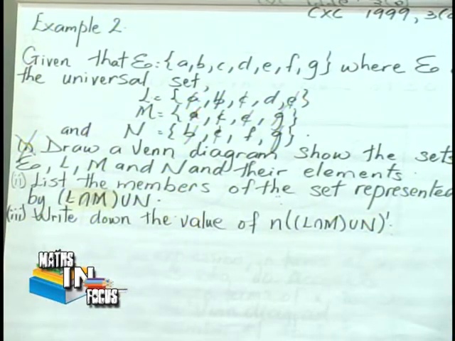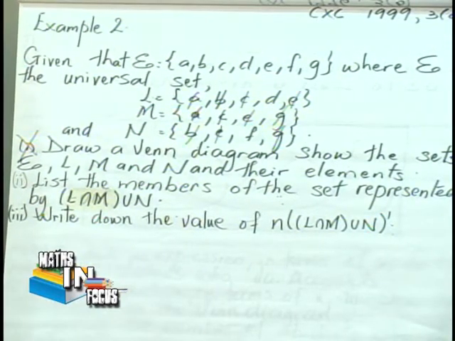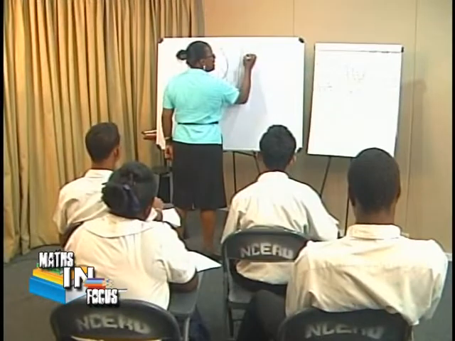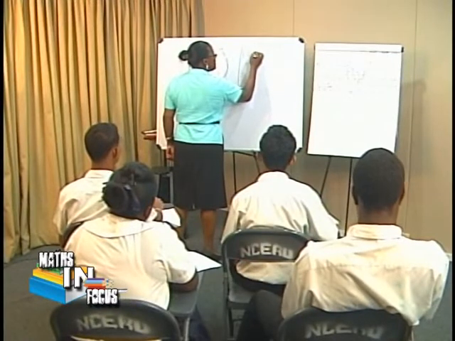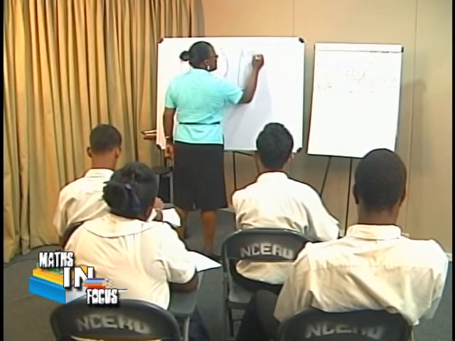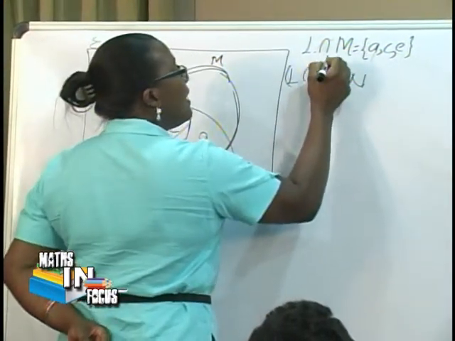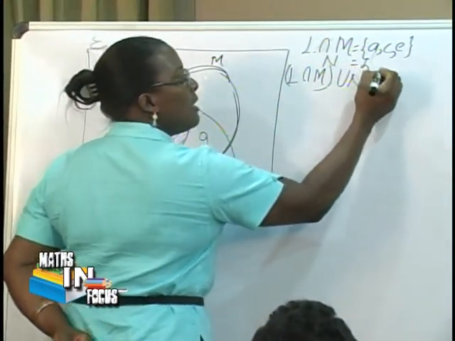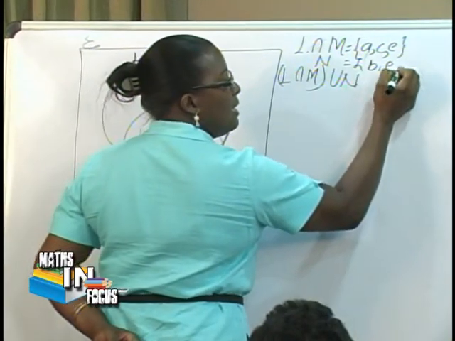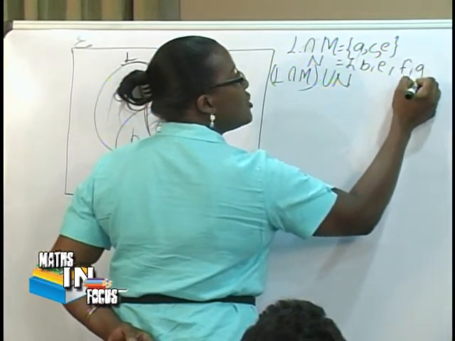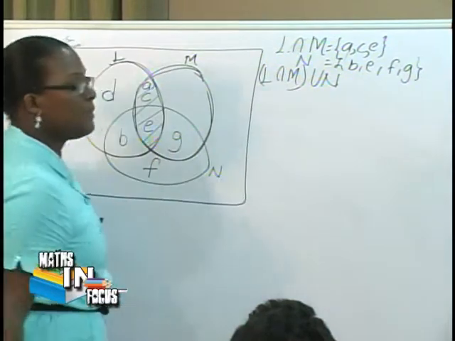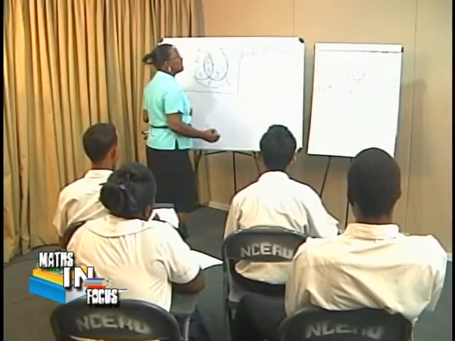And we want the members of the set L intersect M, and we take this set and we're going to union it with N. Now N is equal to B, E, F, and G. So let's union the two sets.